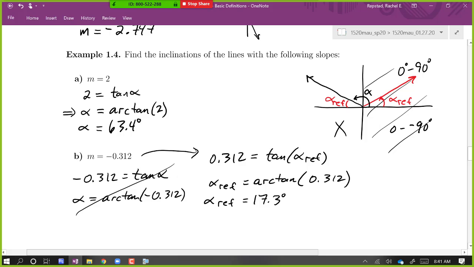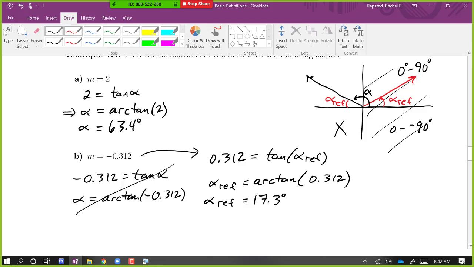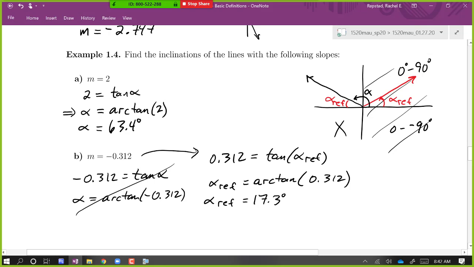And in order to find the alpha angle that I want, all I need to do is realize that to get to alpha, I'm going to go the full 180 and then just back up by alpha reference degrees. That's what we see right here: I go the full 180 and then back up by this measure of 17.3 degrees.